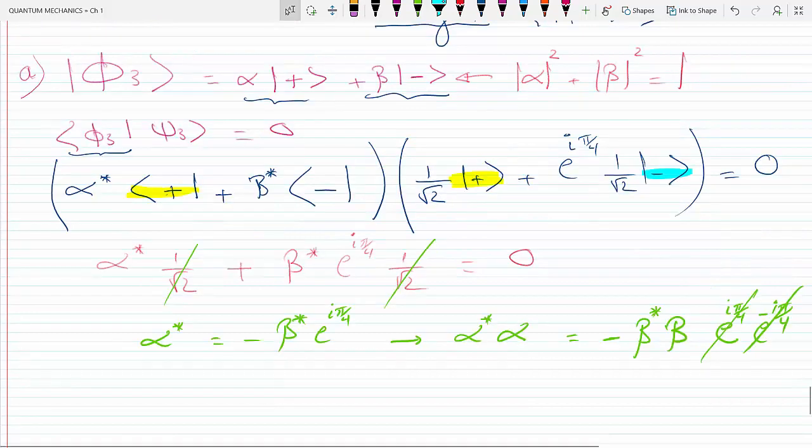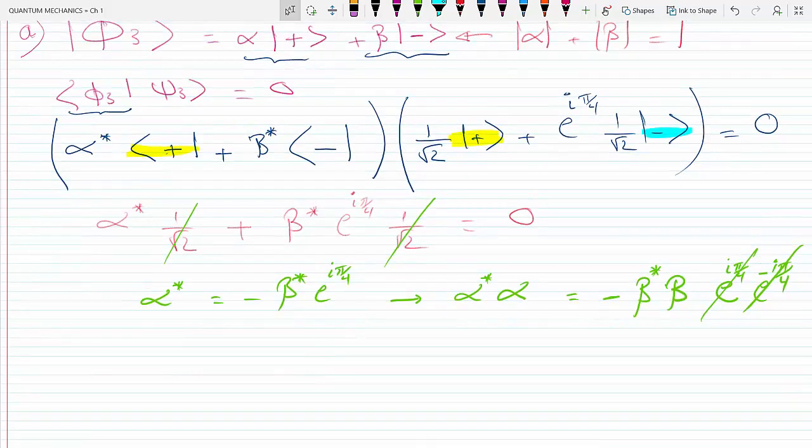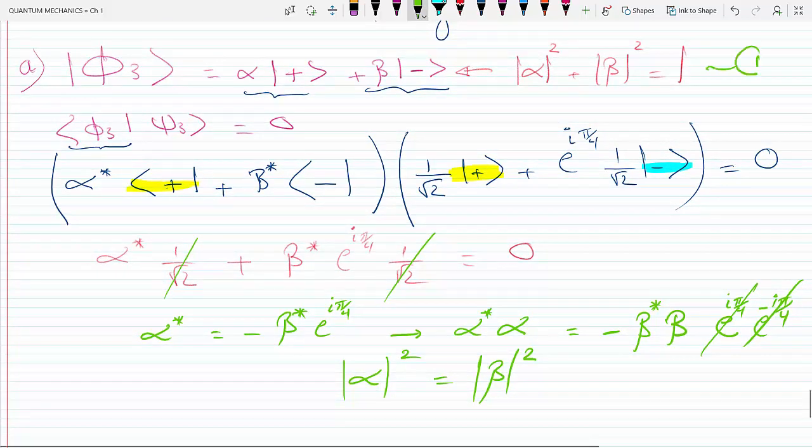And I get alpha squared equals beta squared. Okay, plug it into the first equation, plug it into 1.